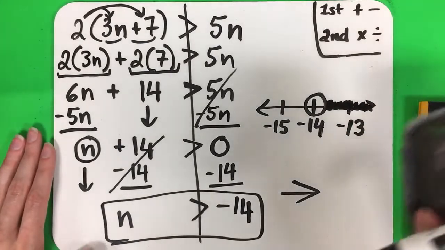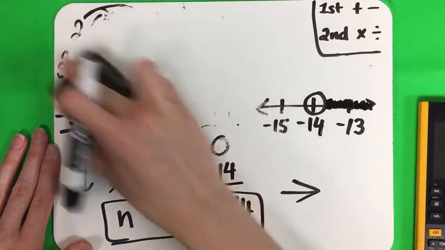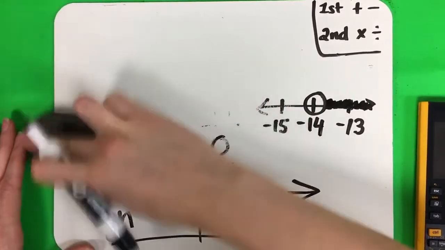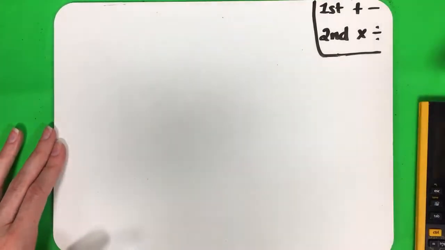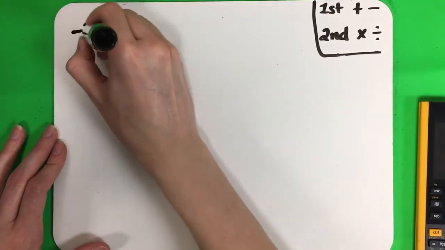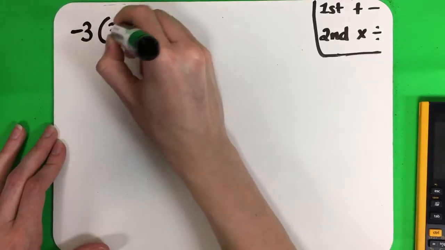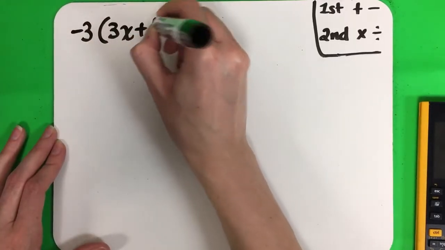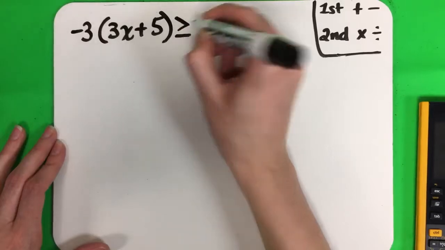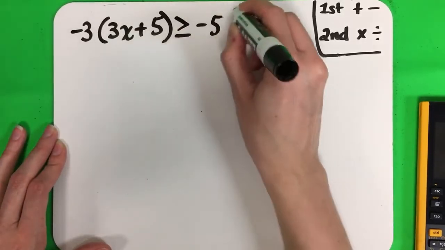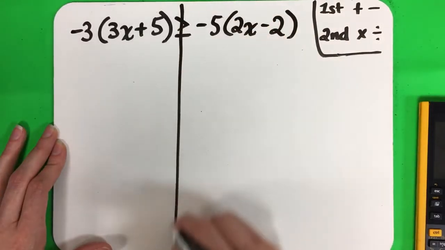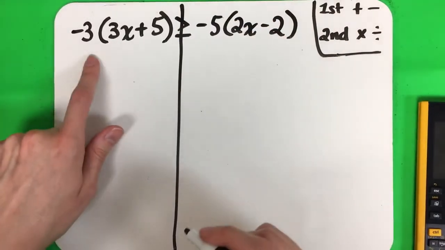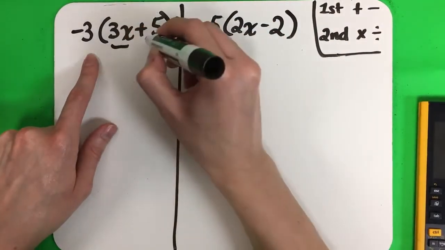Okay, let's do another one. -3 times (3x plus 5) is greater than or equal to -5 times (2x minus 2). Draw your line. Okay, parenthesis first. So I have two parts here.